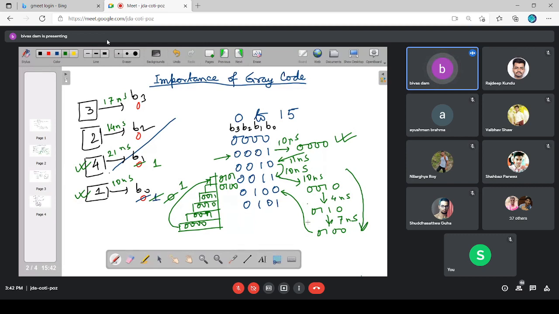If between two successive states or the two successive count values, the number of bits that are changing their states is only 1, there will not be any glitch or transient states.